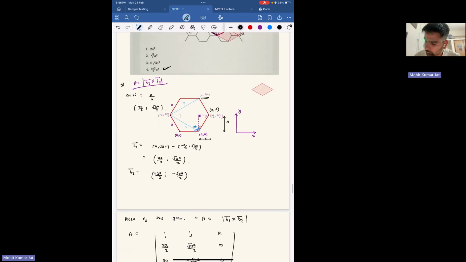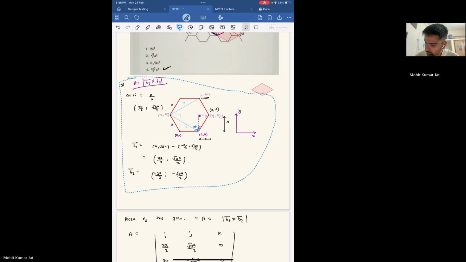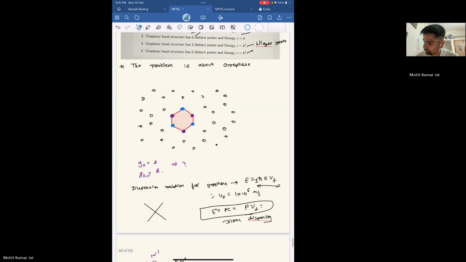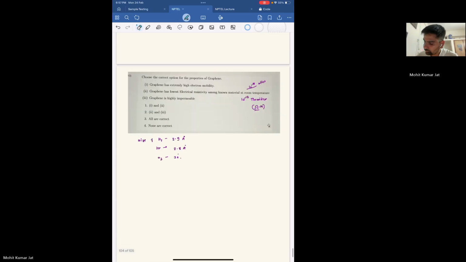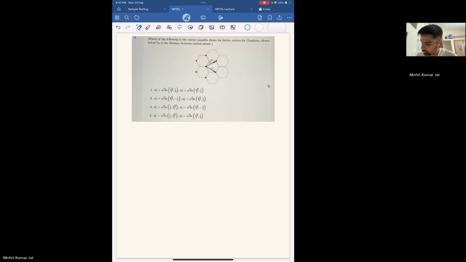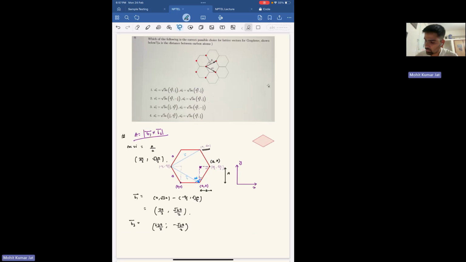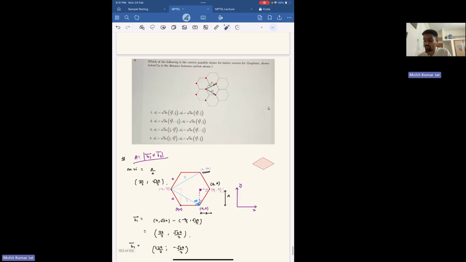This one we have solved. Okay, so how do we solve? This is the previous assignment problem which I solved; you can refer to it.